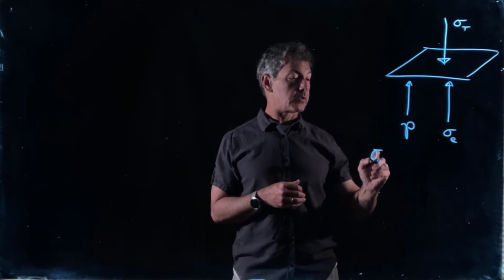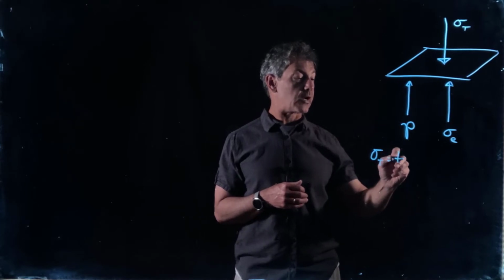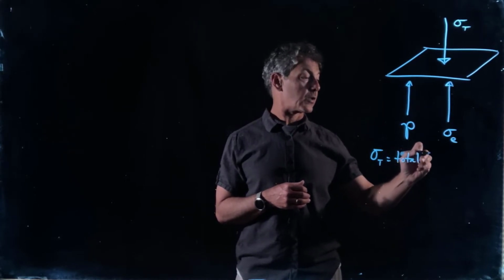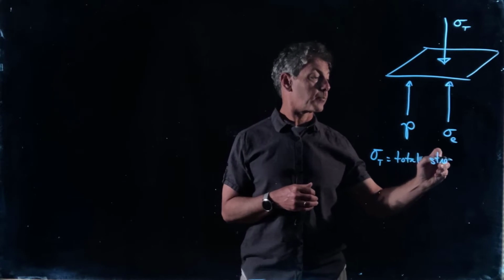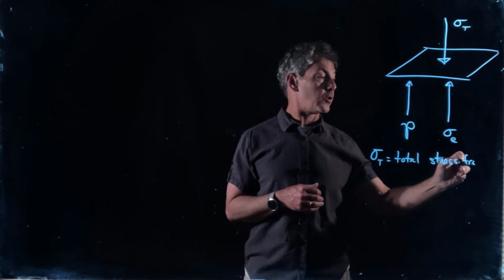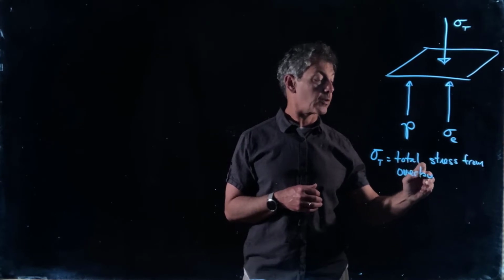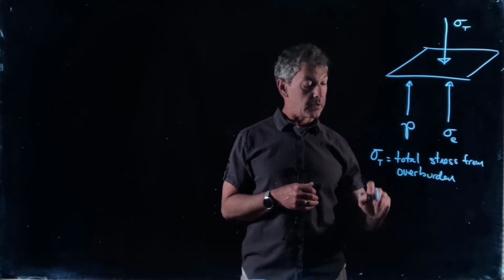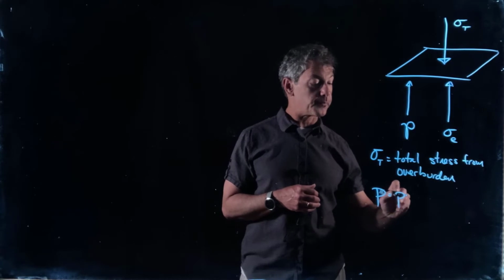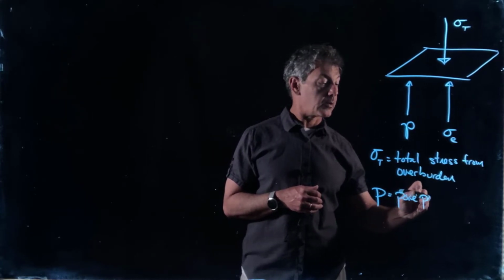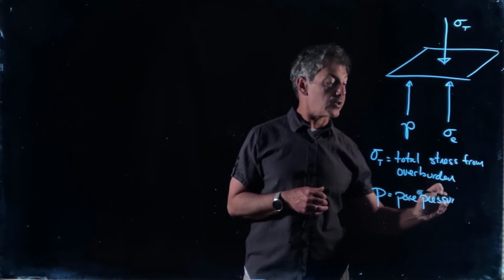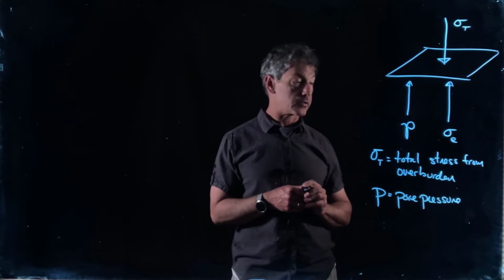So sigma t is the total stress from the overburden. P is the pore pressure. So this is just the pressure of fluids in the pores.